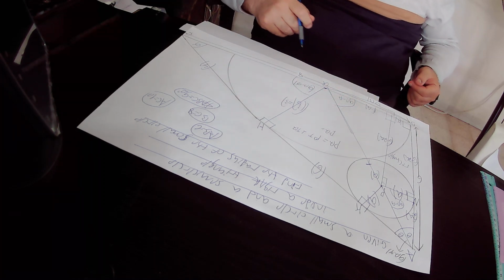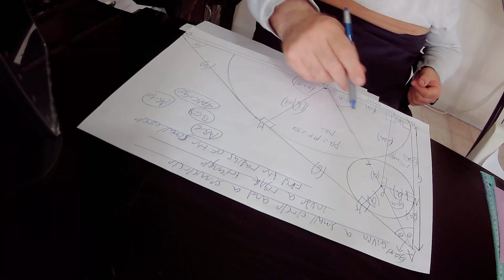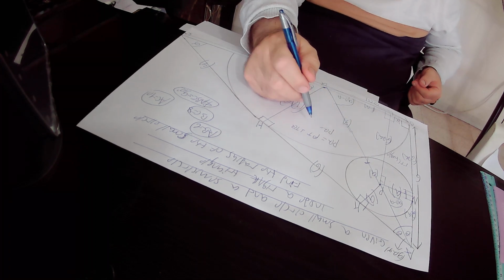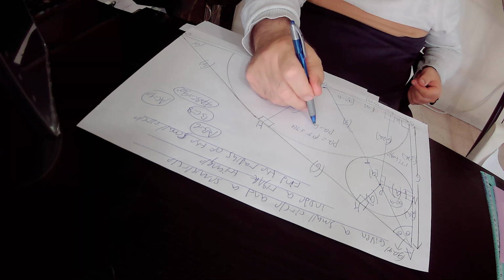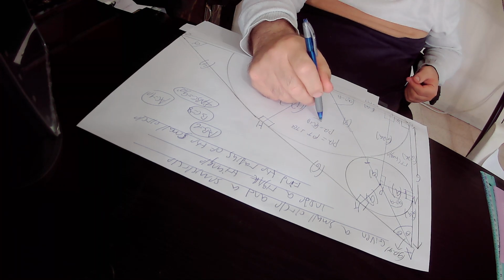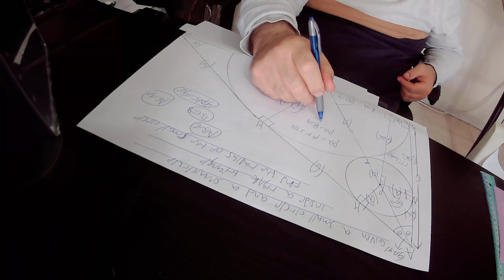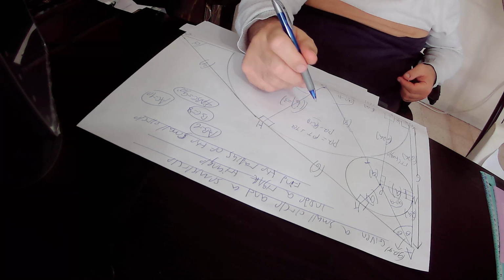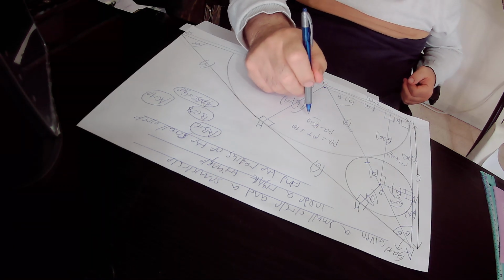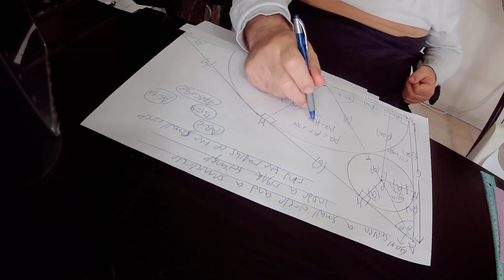TQ is the radius of this semicircle, which equals 3. So in total we found out that PQ equals A plus 3.